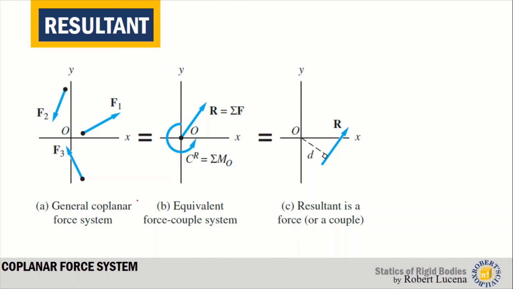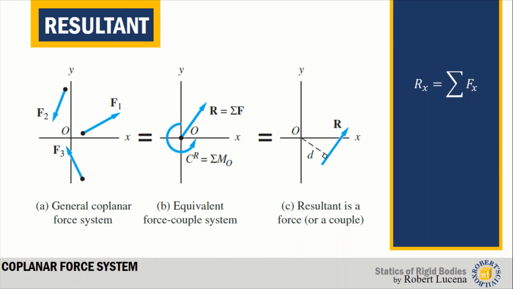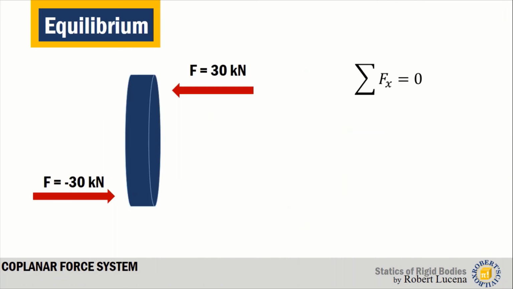So for a general coplanar force system, we have its equivalent force-couple system, and the resultant is a force or a couple. To satisfy the equilibrium of a general coplanar system, the x component of the resultant, Rx, is the summation of forces along x, Ry is the summation of forces along y, and the summation of moment about O is the resultant times the distance of the resultant.